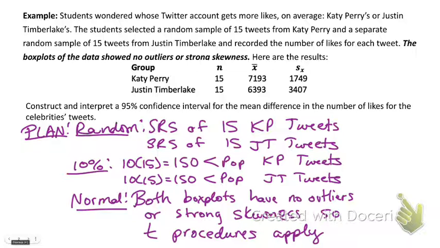That would have been fine. Or if for Katy Perry we had taken a sample of size 50 and Justin Timberlake had the box plot, that would be fine. Or if we had to look at Katy Perry's box plot and Justin Timberlake's population was normal, that would be fine. So it doesn't have to be the same thing for both. It can be a combination of any of the three. Does that make sense? Okay.